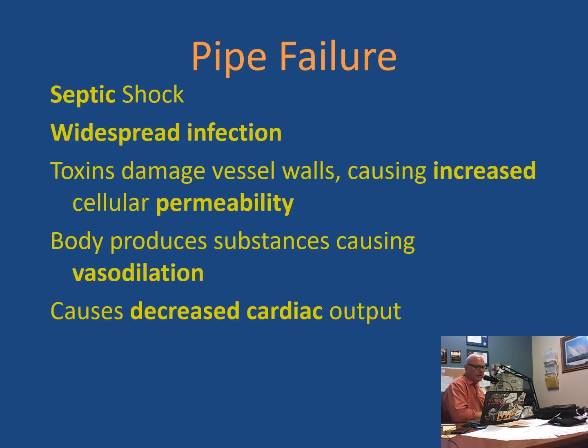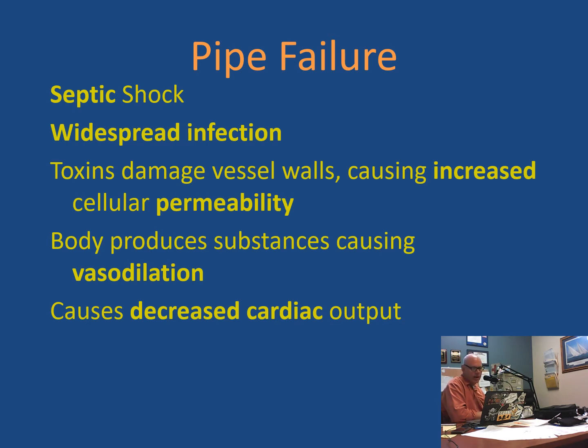Here, because of the toxins that are released from dying or really surviving bacteria, you'll have increased permeability, you'll have vasodilation, some toxins affect your heart, so you'll have decreased output from the heart, you have decreased strength. So that's a three-pronged assault.